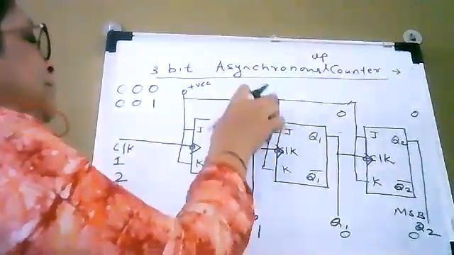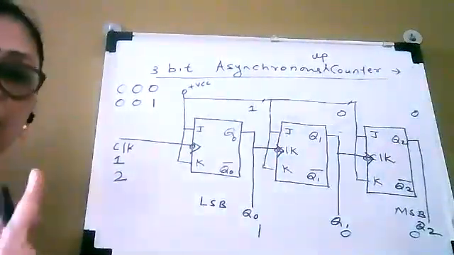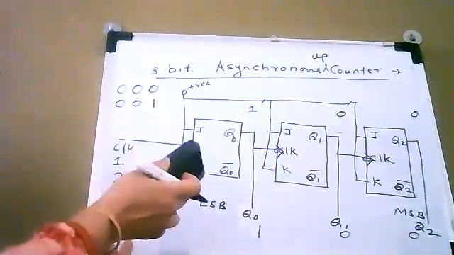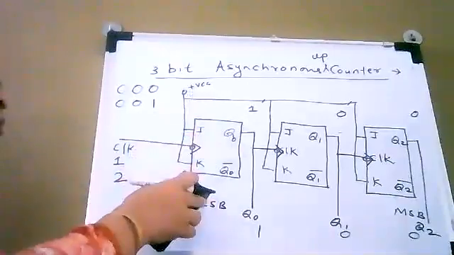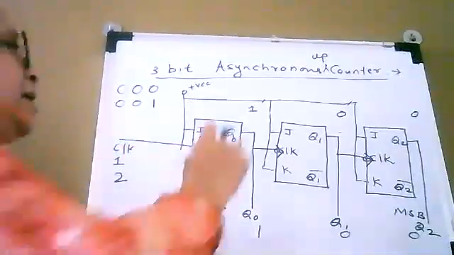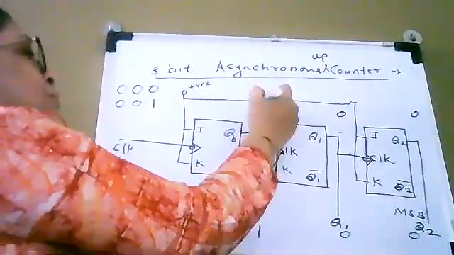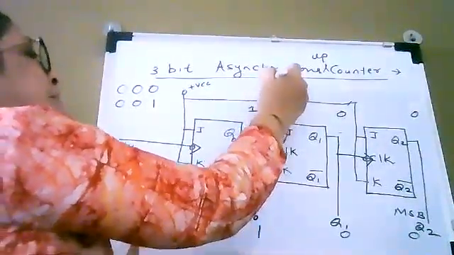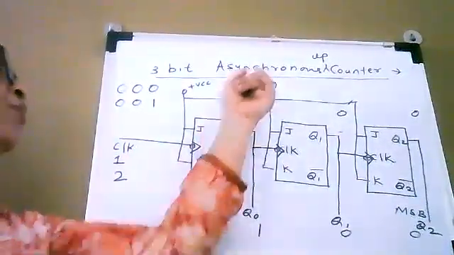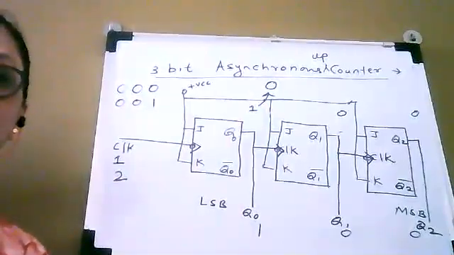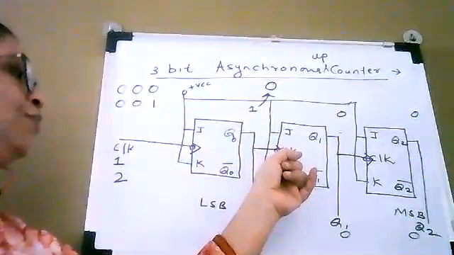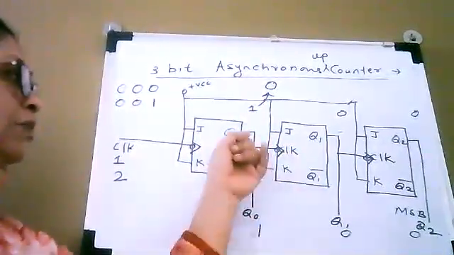Now here you can observe the previous state of flip-flop number 1 is at logic 1, and now we are applying the clock pulse to this flip-flop number 1, and therefore its output will toggle. Initially it is in state 1, now it will go to state 0. So the output of flip-flop number 1 will change from 1 to 0, and this output is applied as a clock to flip-flop number 2.